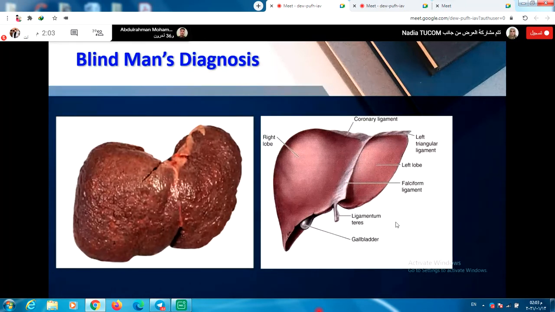There is a sign or character in diagnosis called blind man's diagnosis. A normal liver is smooth, delineated, and not enlarged, with a smooth, non-nodular surface, whereas a cirrhotic liver is shrunken at the latest stages, and the surface is roughened with a sensation of nodularity and irregularity on an abdominal examination.